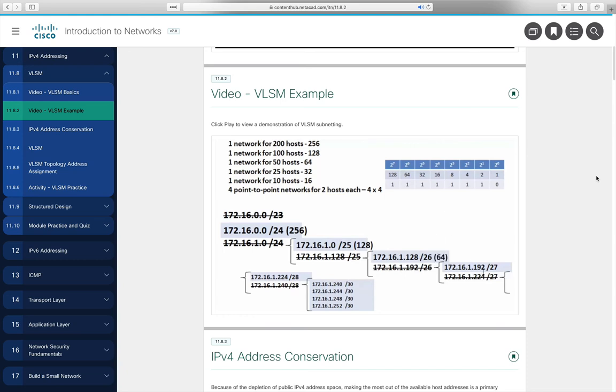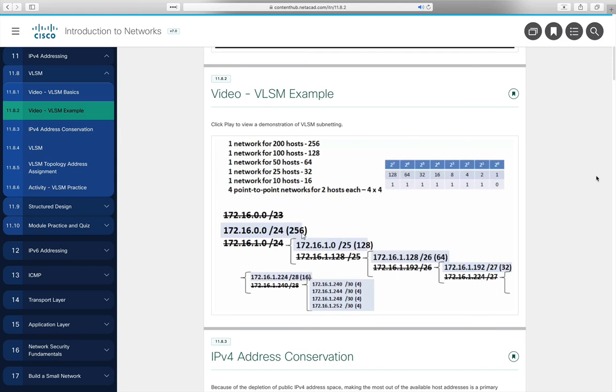And the 192/27 subnet is good for 32 hosts. The 224/28 is a 16-host subnet. And then the last 4 subnets, /30 each, 240, 244, 248, and 252, are good for 4 hosts each.